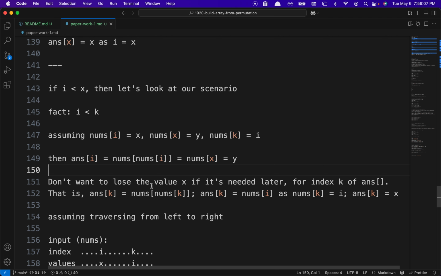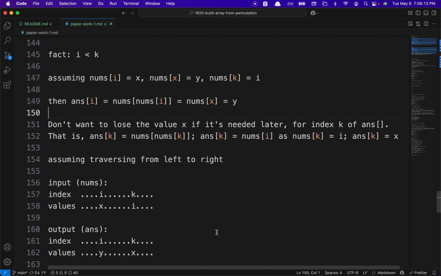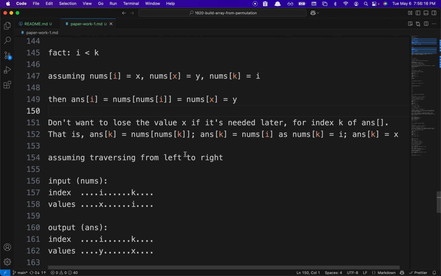So don't lose the value X if it's needed later for index K of answer of I. So let's just assume it's needed later.